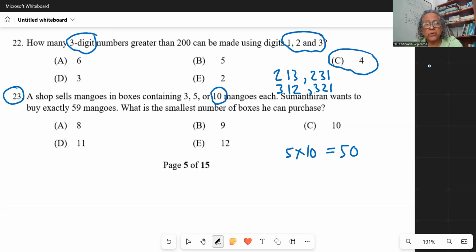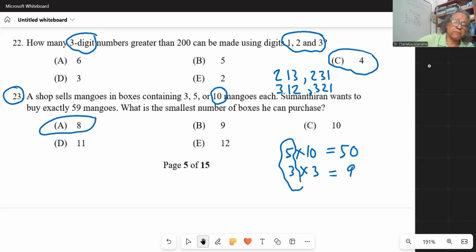Yes, we can have 3 boxes of 3 mangoes each, right? So this is 9, 59. So how many boxes? We have 8 boxes. Now, since it is the smallest answer given, that has to be the answer, right?